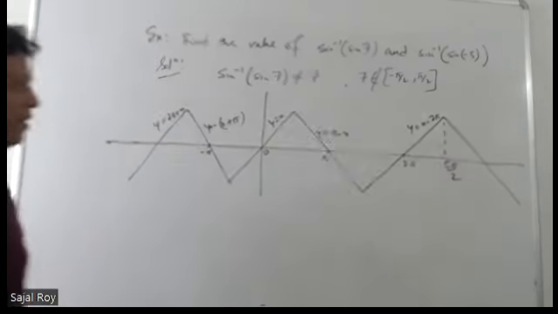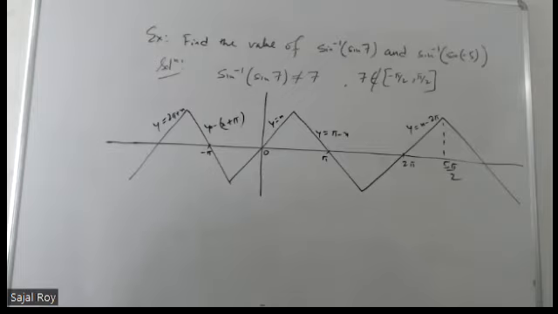Where is your 7? Can you locate 7 on the graph? Where is the position of 7?